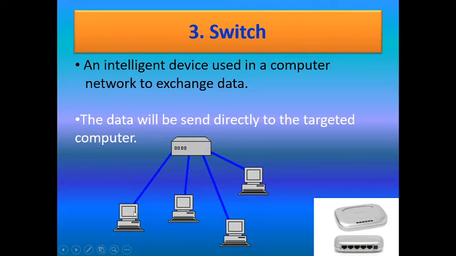Now user A wants to send a message to user B. First of all, the data packets transfer from this machine to the switch. Within the switch it maintains a database, so it will scan this database, find the relevant MAC address of this computer, and transfer those data packets to this computer. So the switch is an intelligent device.